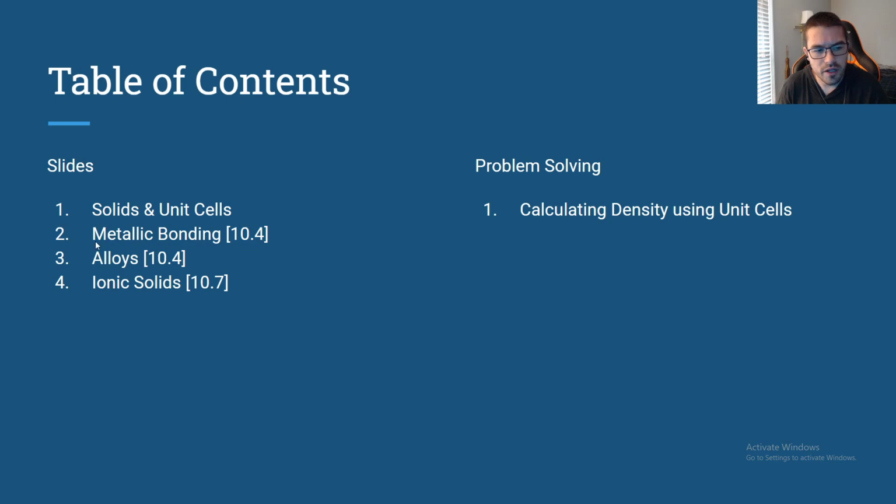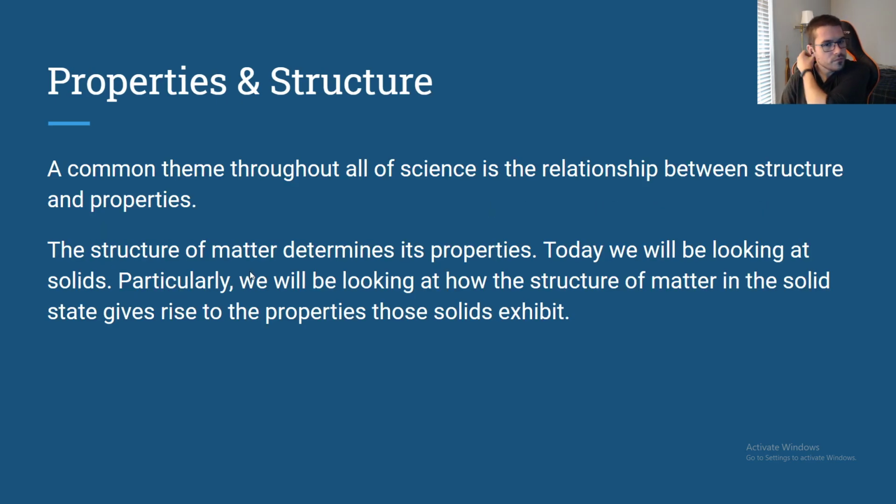So like I said, we're going to get into how metals are structured and what goes on in a solid metal, metallic bonding. We're going to talk about alloys, a word you might remember from last year, and then we're going to wrap some things up with a review of what we had learned last time with ionic solids.